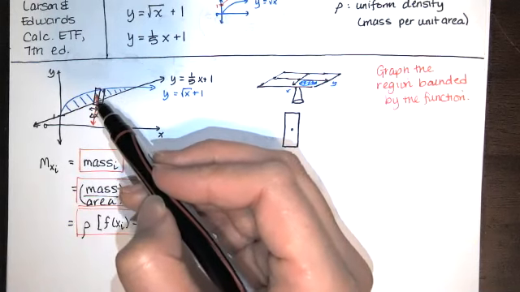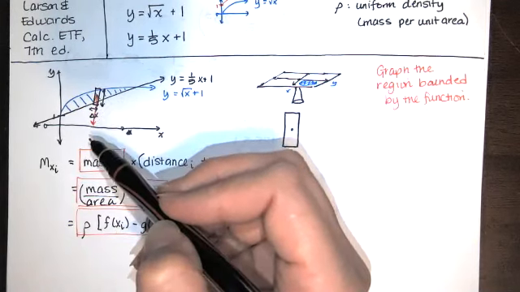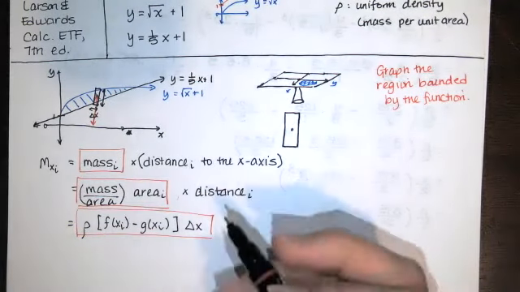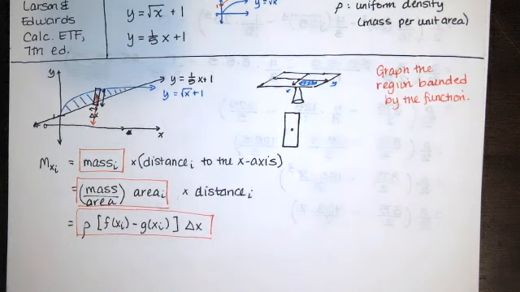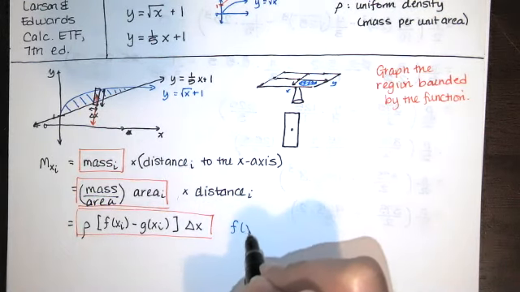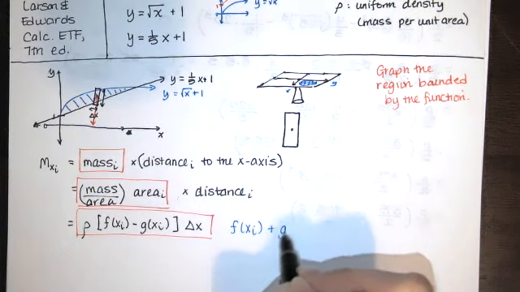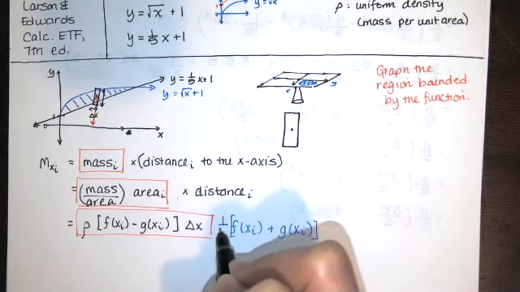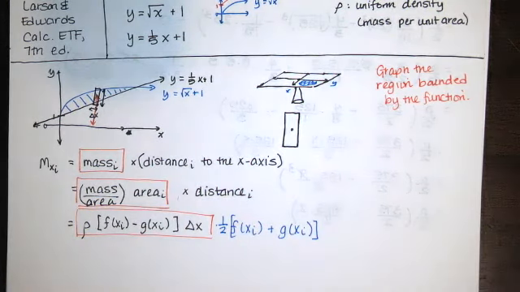It's that one plus that one divided by 2. That would give us the average. And then we're going to subtract 0, which does nothing. So the distance to the x-axis is the top y value plus the bottom y value, and then you divide that by 2. It's just like taking an average. You had 2 test scores, you add them together and divide by 2. That's exactly what we're talking about here.